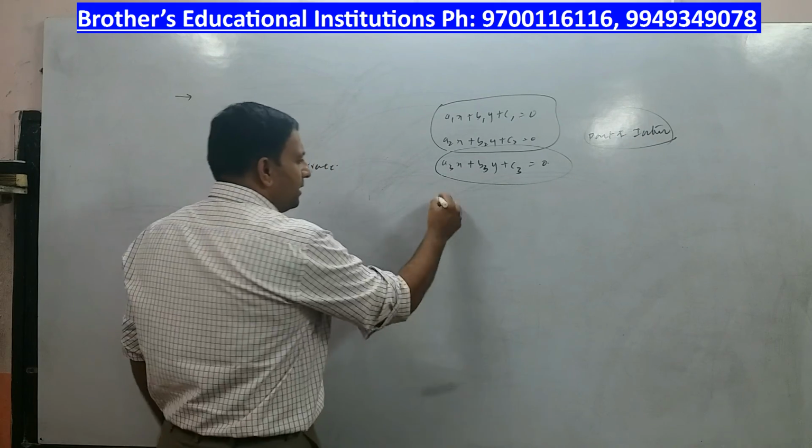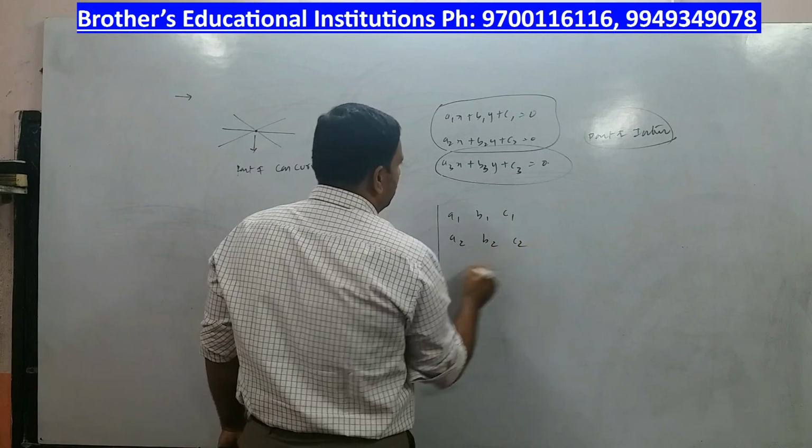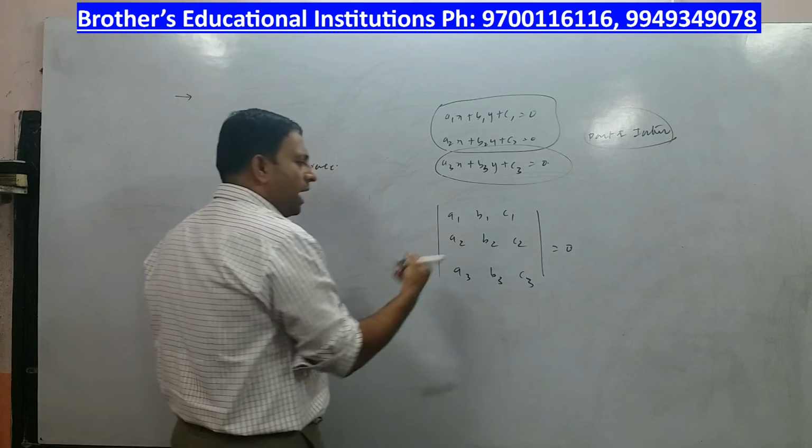Second is the determinant of a1, b1, c1, a2, b2, c2 and a3, b3, c3 is equal to 0. Now how do you calculate the determinant?